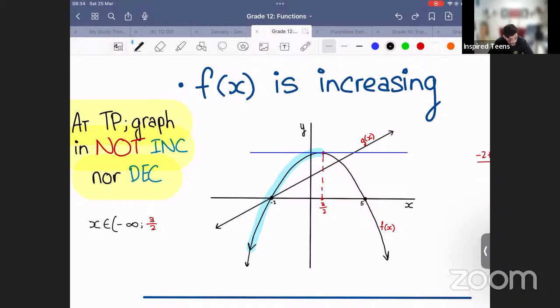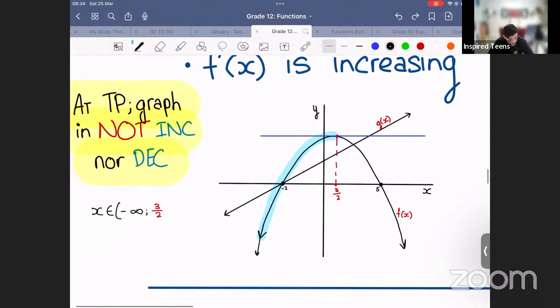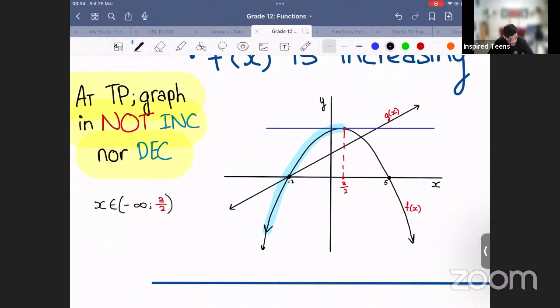Okay, so my question was, do we include or exclude? So actually, for this turning point question, we have to exclude. When it comes to increasing or decreasing at the turning point, we have to exclude, because remember, the statement says that at the turning point, the graph is not increasing nor decreasing.